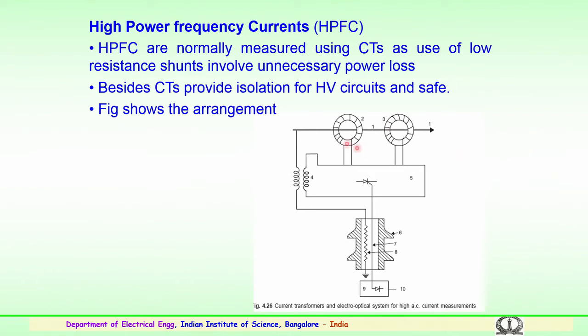That is the reason they go in for current transformers. Besides, current transformers provide isolation for high voltage circuits, so they are not directly connected to the circuit and are safe. This arrangement is used for measurement of the high power frequency currents, with this conductor carrying the current.